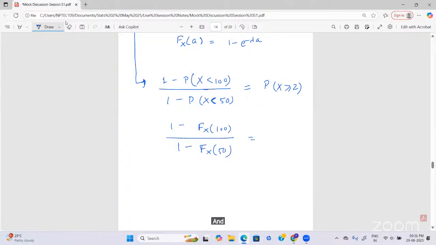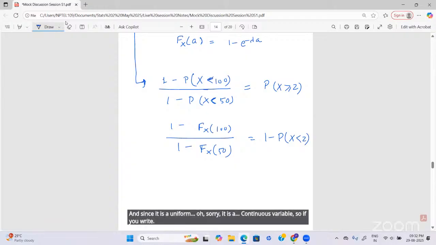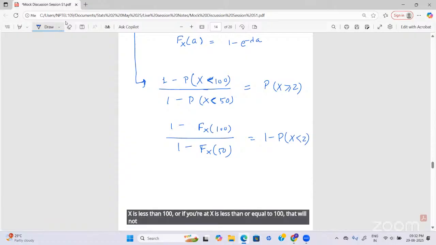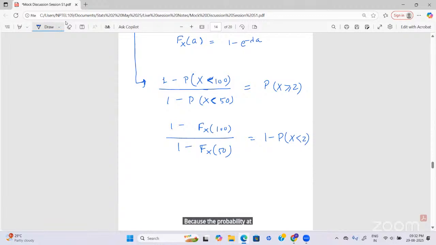And this one I can write as 1 minus probability x is less than z. And since it is a uniform, it is a continuous variable. So if you write x is less than 100, or x is less than or equal to 100, that will not make any difference, because the probability at a particular point is 0 for a continuous random variable.